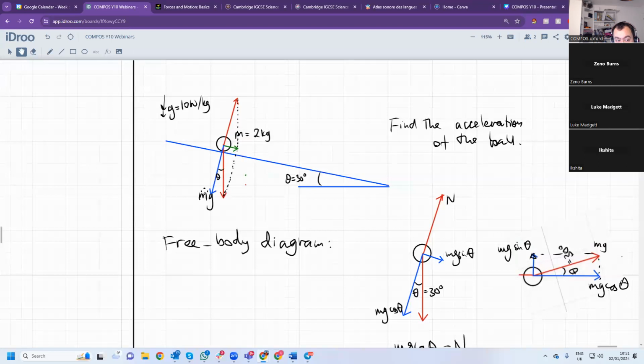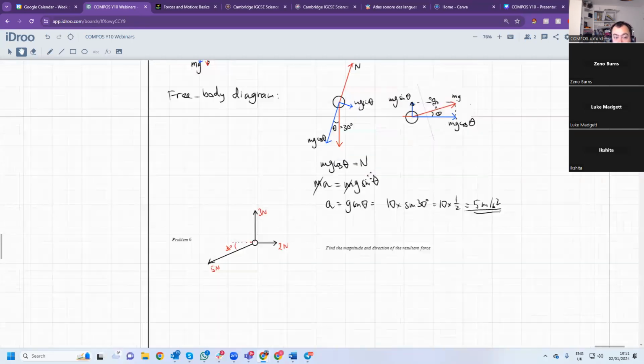The component perpendicular to the slope cancels with the normal reaction force because the ball is not moving into the slope or out of the slope. The only force along the slope is mg sine theta, and this allows you to find the acceleration.